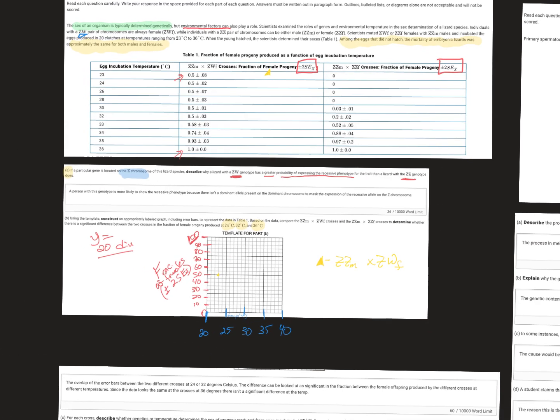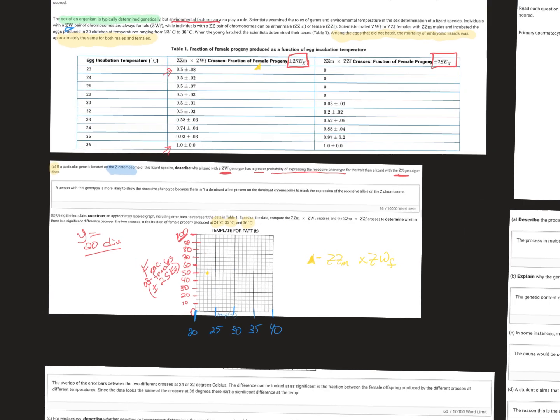All right, and so that's my triangle. My first triangle is there at 50%. Then at 24, it's still at 50%. At 26, it's at 50%. At 28, it's at 50%.